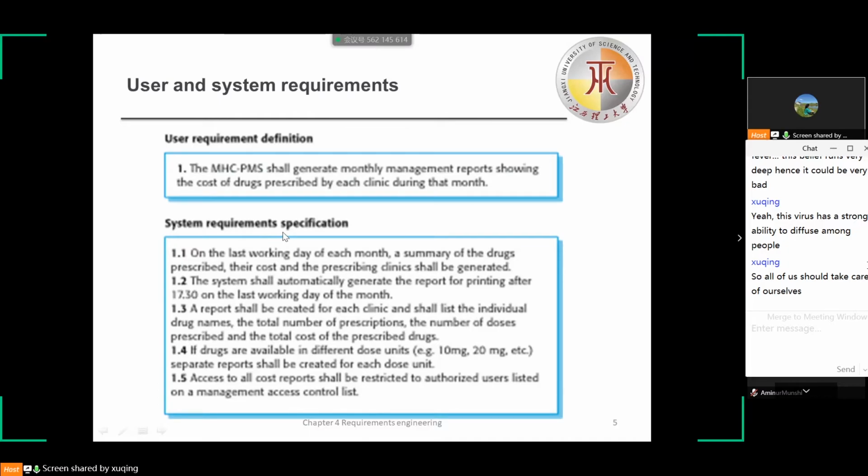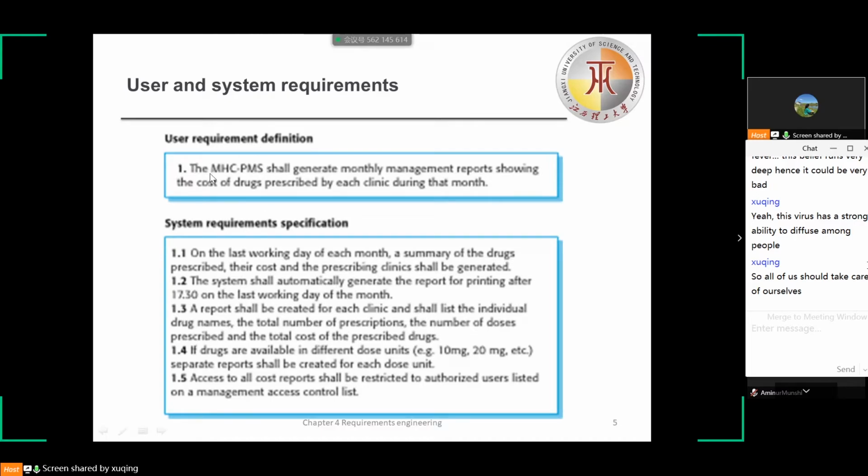And for system requirements, we have some detailed functions. The first one: on the last working day of each month, a summary of the drugs prescribed, their cost, and the prescribing clinics shall be generated. The system shall automatically generate the report for printing after the last working day of the month. We see that with one user requirement, we can expand it into several system requirements.